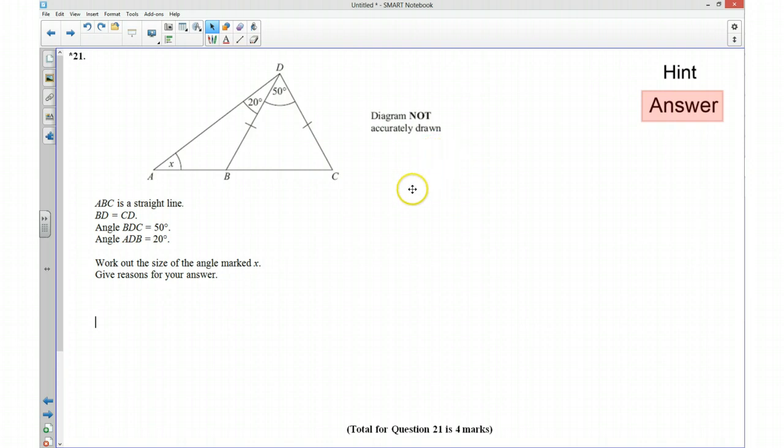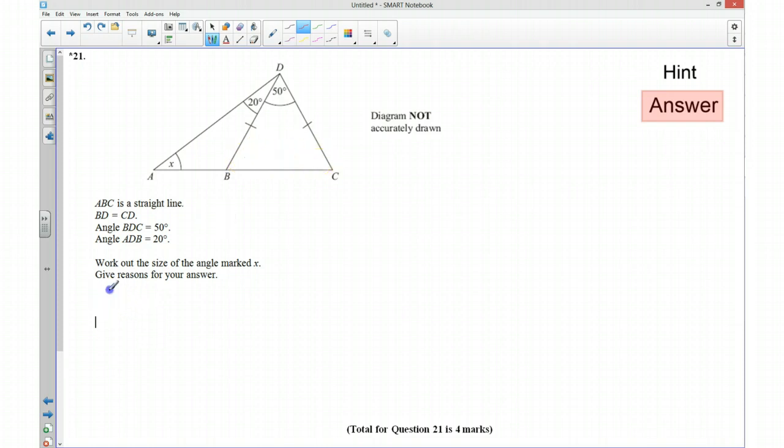Okay, I'm now going to go over the answers to this question here. I'm going to start off by working out this angle here. Because this is an isosceles triangle, I can do 180 take away 50, which will tell me that there's 130 degrees left that need to be shared between these two angles here.